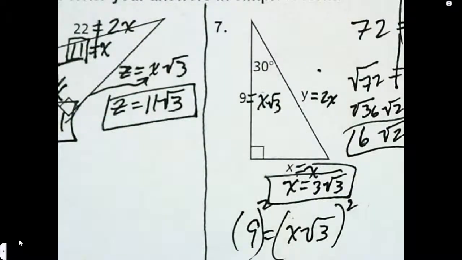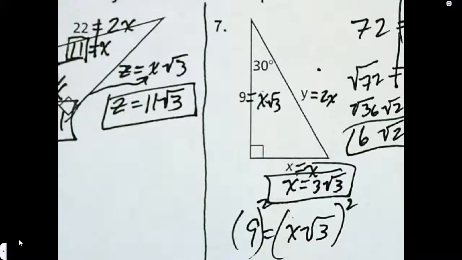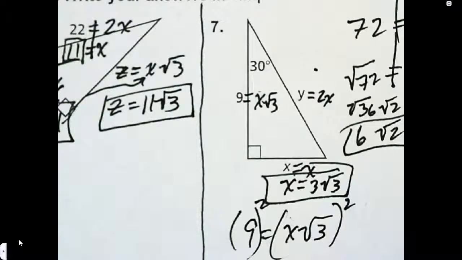Person number 10, Amanda. What is X? Or what is Y? You don't have that? Okay. Person number 8. All right, volunteer. Lexus. Y equals 6 root 3 because you multiply x by 2.